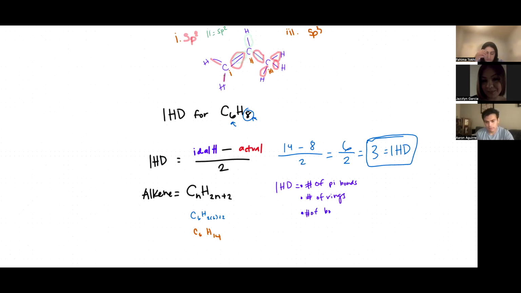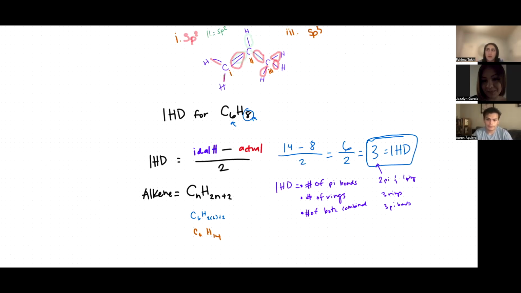Yep, combined, it's basically the degree of unsaturation. So in this case, we could have 2 pi bonds and 1 ring. It could be 3 rings. It could be 3 pi bonds, right? As long as it adds up to 3. Okay, perfect.